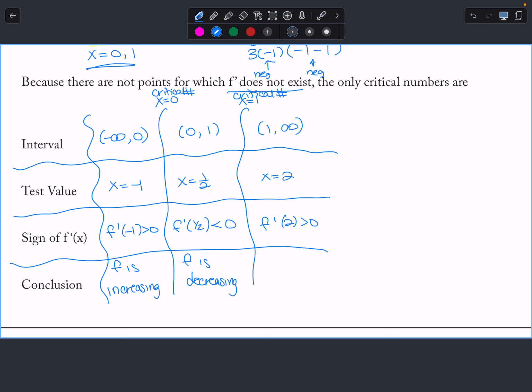And then again, where the derivative is bigger than 0, I have f is increasing. So that's my conclusion part. Where my graph goes from increasing to decreasing, I have a maximum. Where my function goes from decreasing to increasing, I have a minimum value.